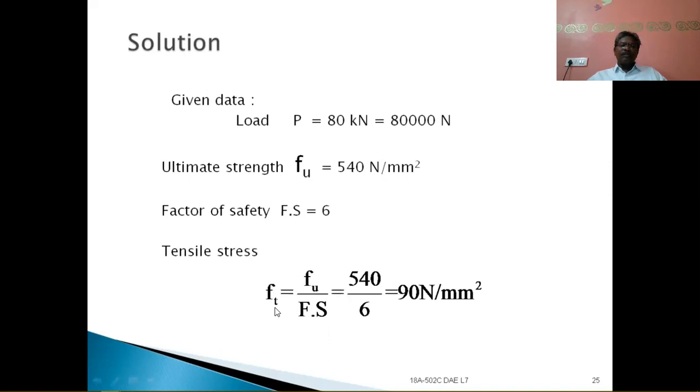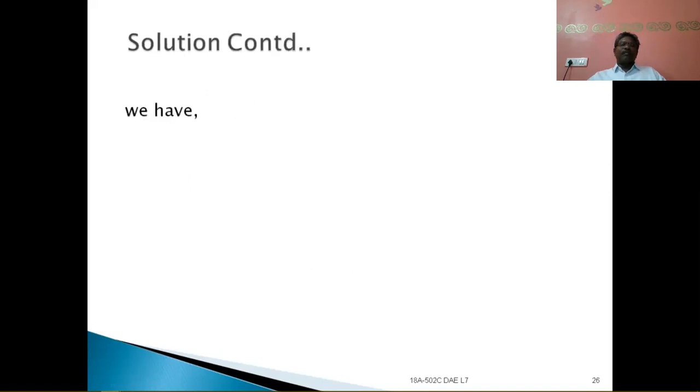Tensile stress Ft is equal to ultimate stress by factor of safety, and the tensile stress will be just 90 Newton per millimeter square. Right? This is the tensile stress Ft. So load on the bolt or load to be lifted P is equal to pi by 4 dc square into Ft, the permissible tensile stress.